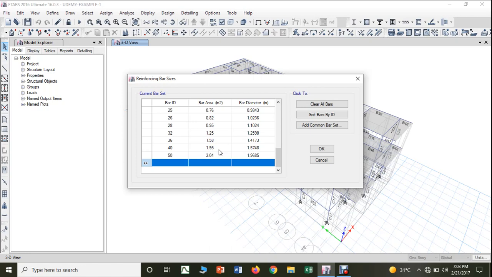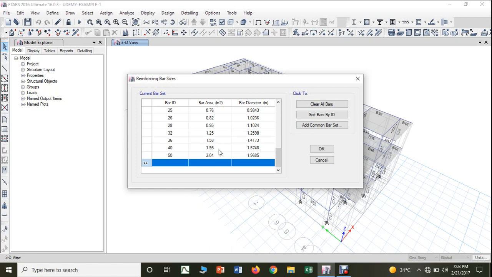For example, for a column we don't go below a diameter of 12 mm, so it will start from 12 mm. First it will do the design with 12 and check whether the column is safe or fails. If it fails, it will go to 14, do the design accordingly, and give the number of bars.